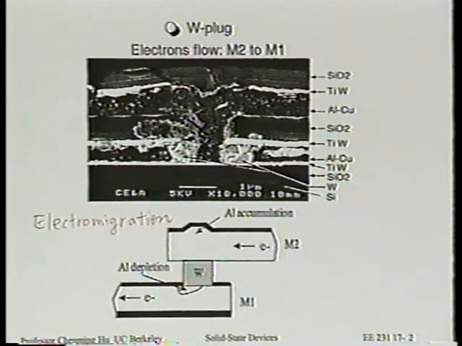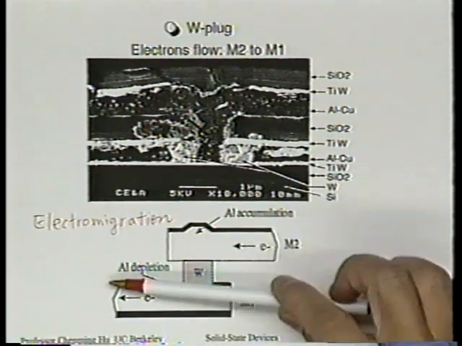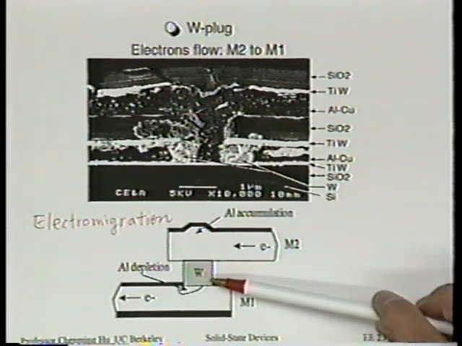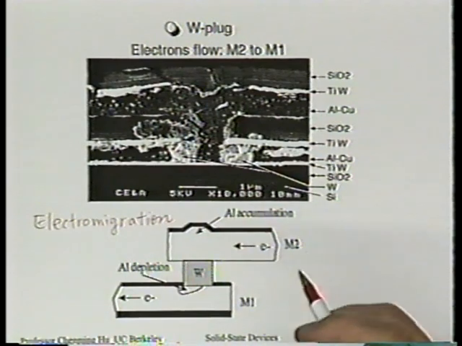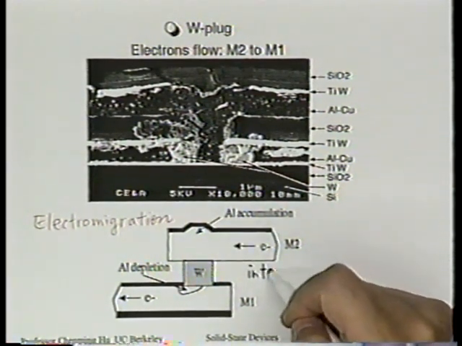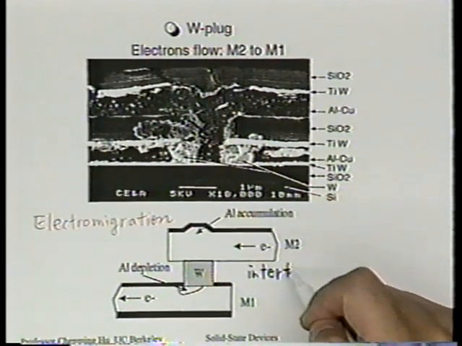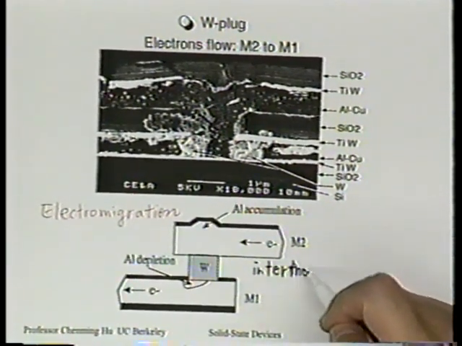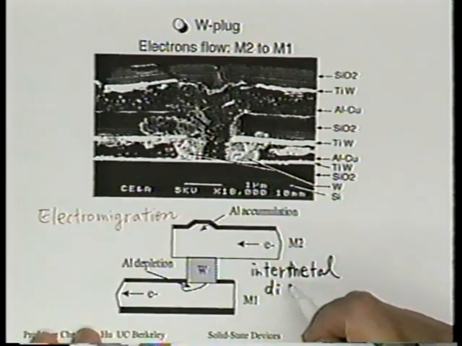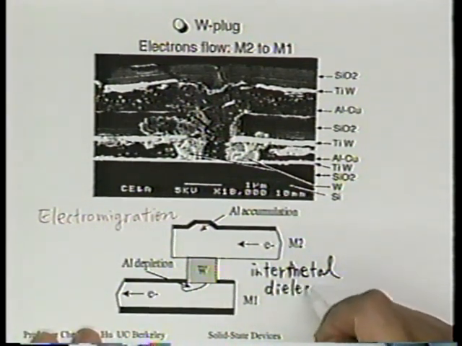And we do this by etching a hole through this dielectric known as the intermetal dielectric, by the way, sometimes called IMD.